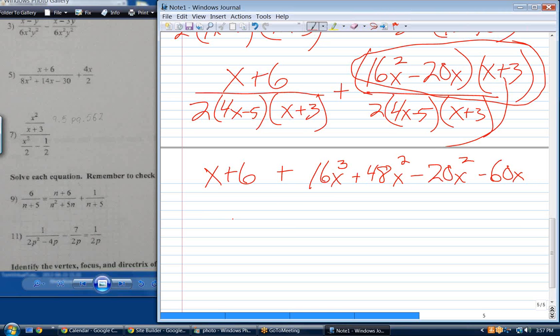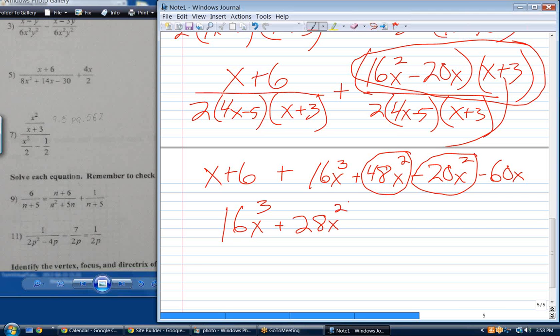So let's combine. Let's start with how many x cubes we have. How many x squareds do we have? We have 48x squared minus 20x squared, so that's 28 total.